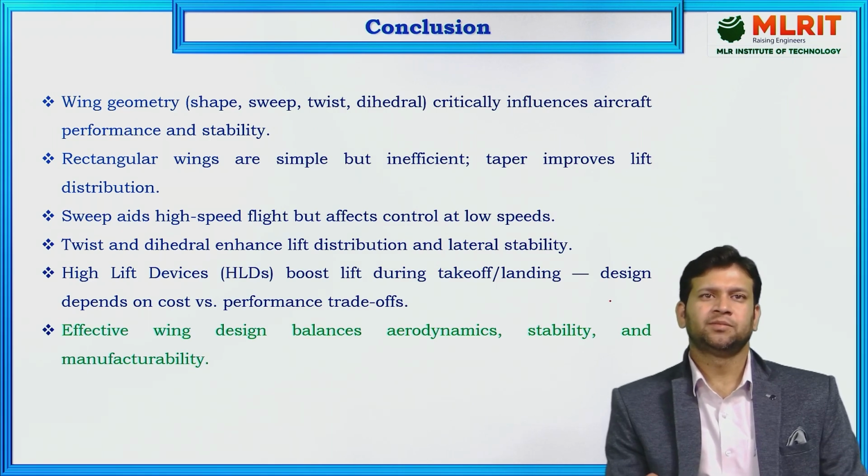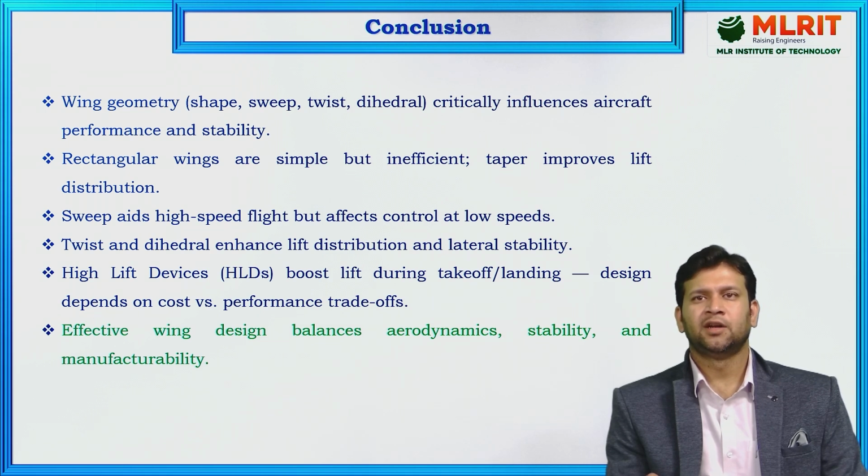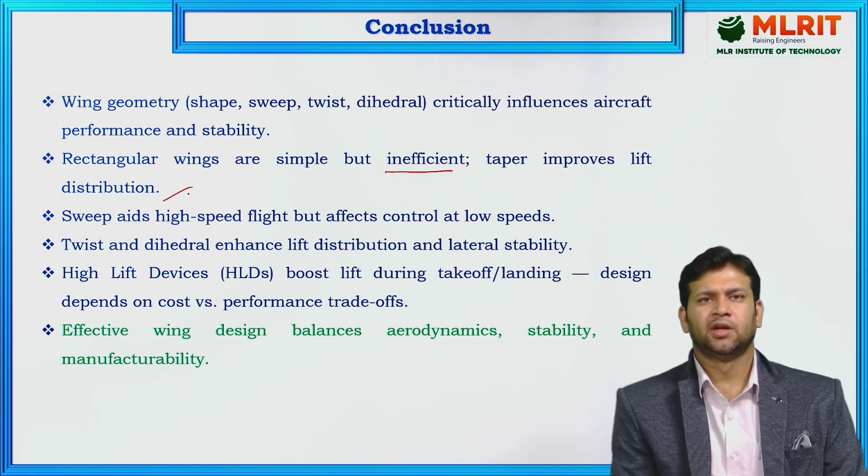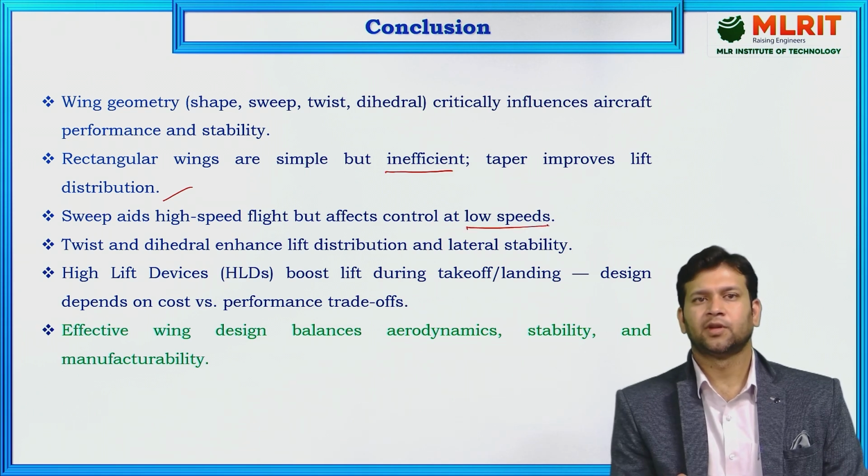Conclusion of the lecture. Wing geometry, shape, sweep, twist, dihedral critically influences aircraft performance and stability. Rectangular wings are simple but inefficient. Taper improves lift distribution. Sweep aids high speed flight but affects control at low speeds.